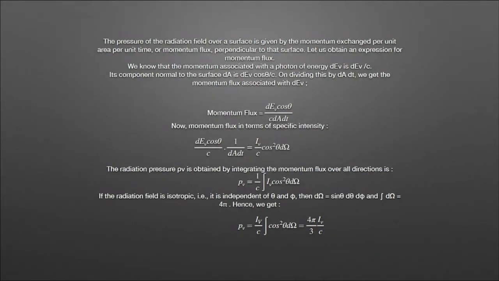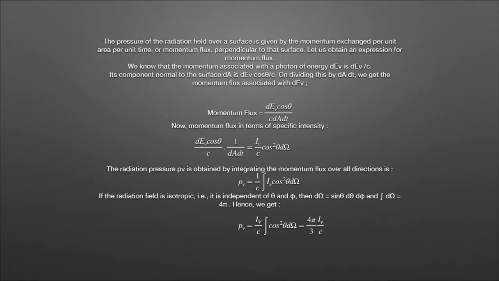The next thing is momentum flux. As we have mentioned, the pressure of the radiation field over a surface is given by the momentum exchanged per area per unit time, or momentum flux, perpendicular to that surface. Let us obtain an expression for momentum flux. We know that the momentum associated with a photon of energy dE_ν is dE_ν/c, where c is the speed of light.